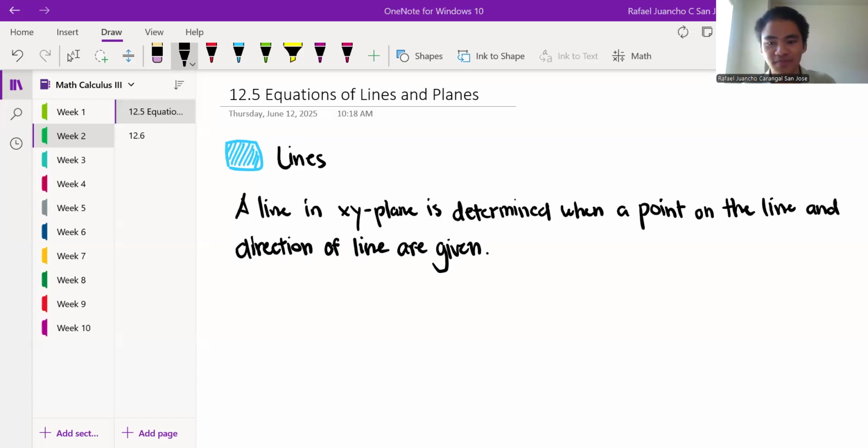Direction meaning the slope. And from there, the equation of the line can then be written using point slope form.